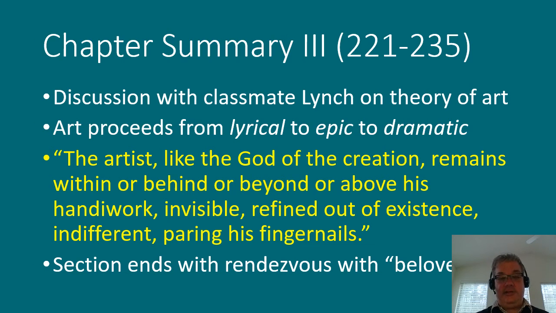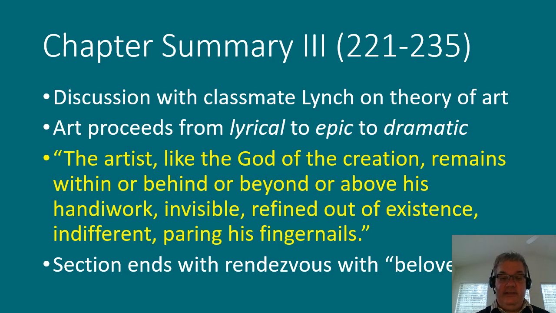But I do think there are some lovely passages here, and this famous passage, again in yellow here, the artist, Stephen says, "like the God of the creation, remains within or behind or beyond or above his handiwork, invisible, refined out of existence, indifferent, paring his fingernails." This is, as it were, Joyce, the artist of this book, who is, well, is he expressing himself or is he refined out of existence?